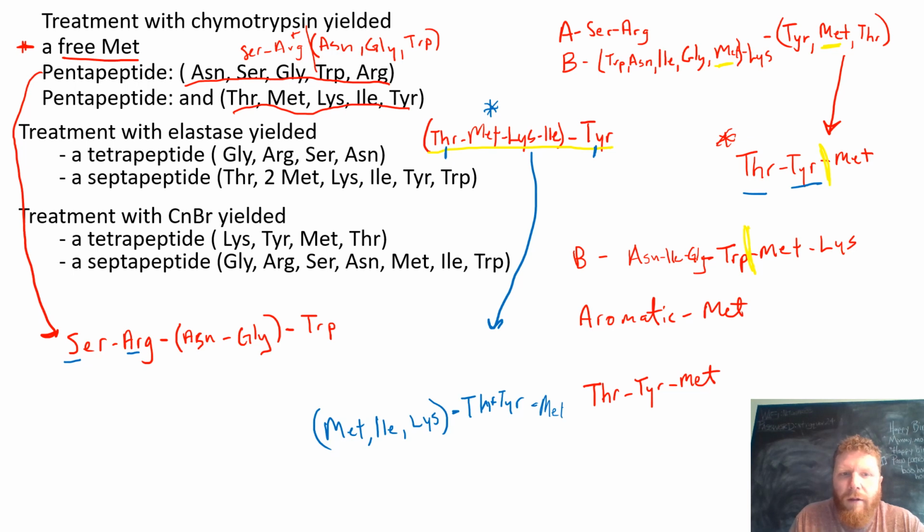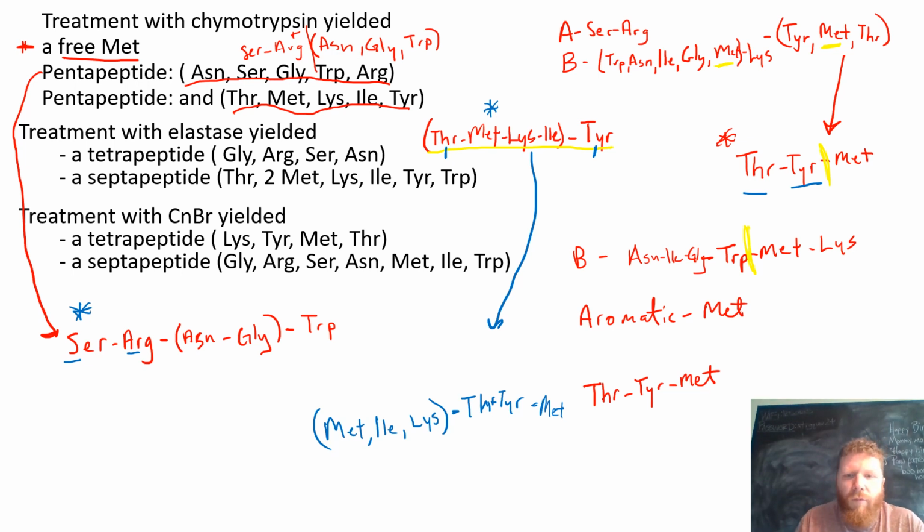Now I said that this serine was at our N terminus. How did I know that? Well, I knew that because whenever we looked back at our free methionine, and we placed that in our C-terminal peptide that we got from our trypsin treatment, ultimately the only way that we could reconstruct this is with that serine arginine dipeptide being the N-terminal peptide.